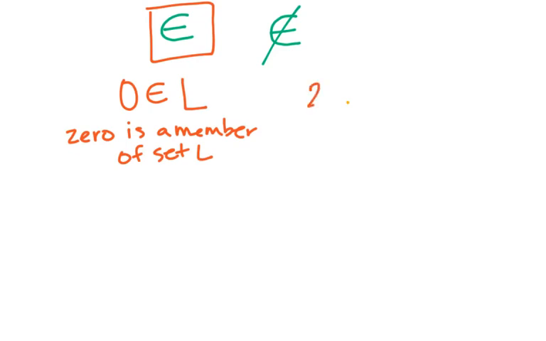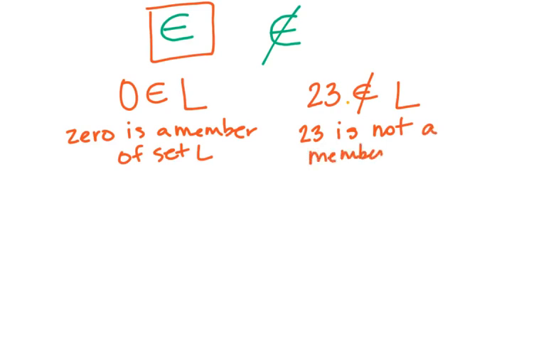If you have 23 and then that same symbol, but crossed through, it's saying that 23 is not a member of set L. So it's not a difficult thing, but it's just a new symbol you're going to see.